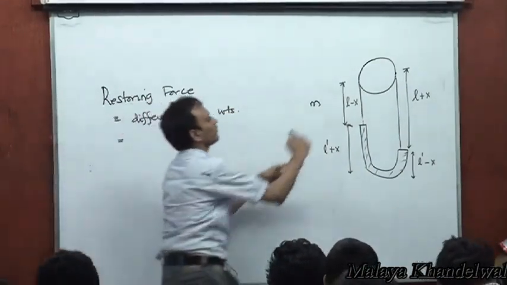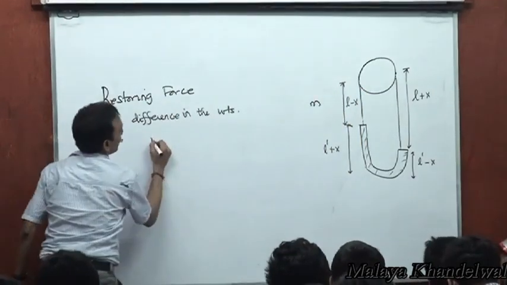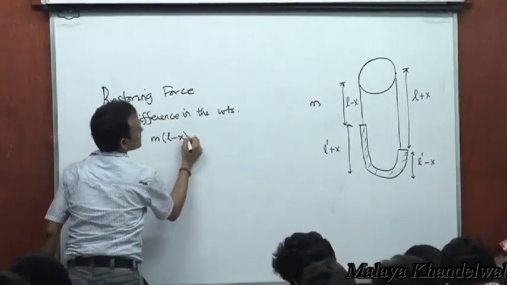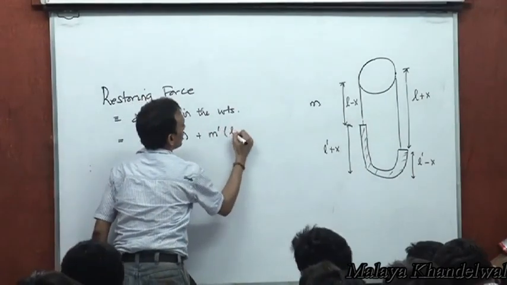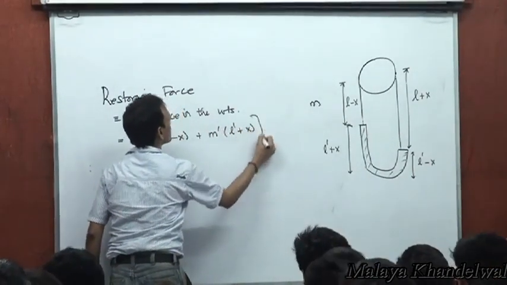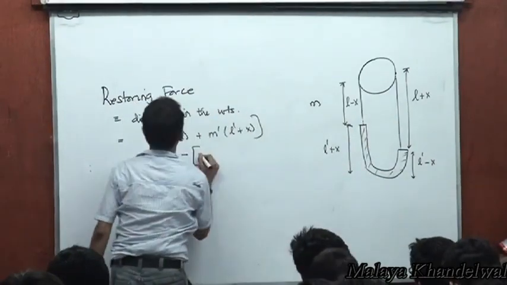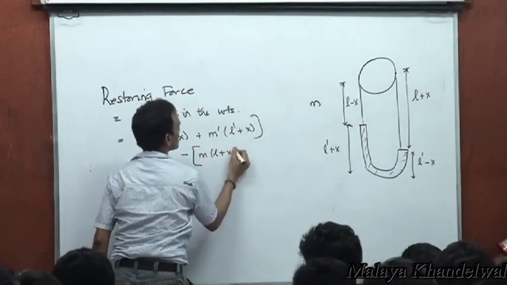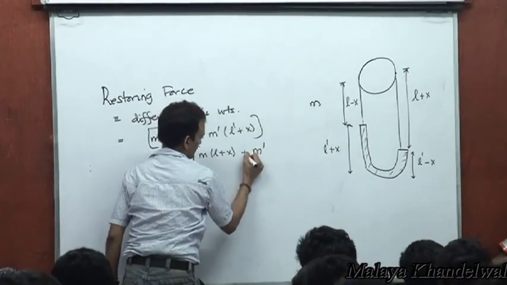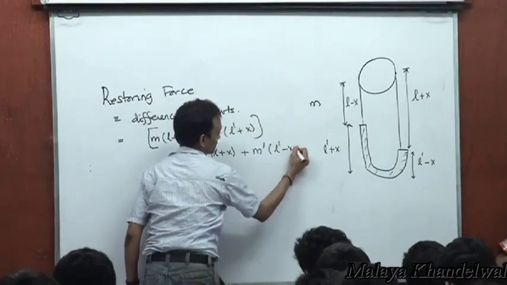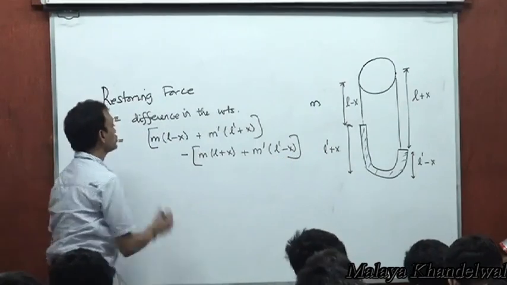Which is like the weight on this side, which is m into L minus x plus m prime into L prime plus x, minus m into L plus x plus m prime into L prime minus x, into g.